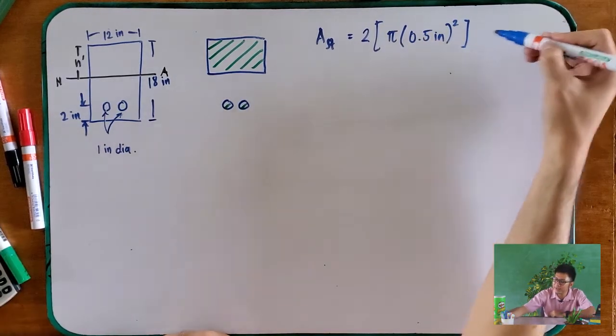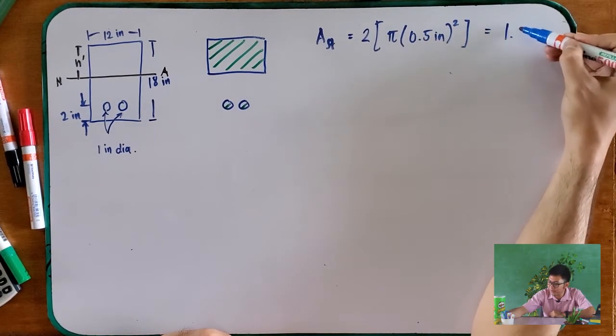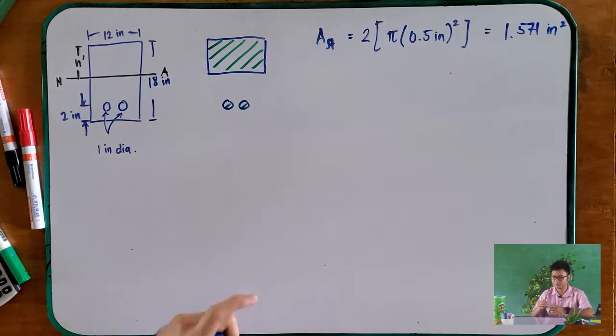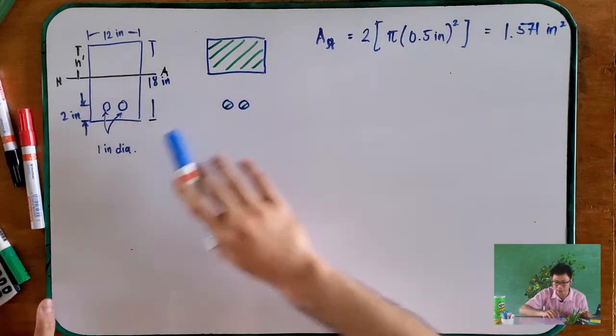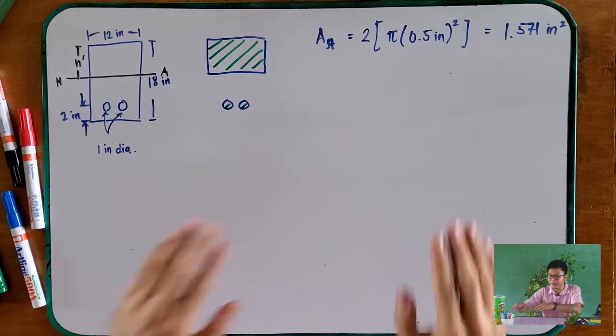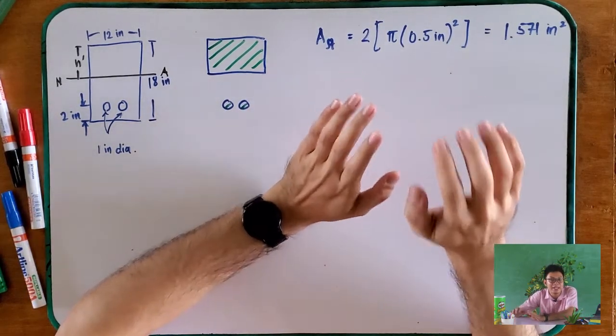Right? And that is 1.571 inches squared. So that is the area of your steel bars, and we are going to convert this area of steel into an area of concrete.